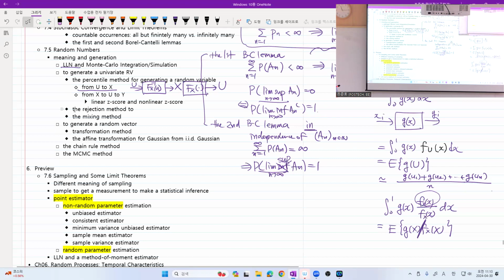Anyway, in addition to the conventional method relying on the percentile function or the CDF, we can also have other methods like the rejection method and the mixing method. You've seen how the rejection method works in the homework, and now you have a better idea. The mixing method is quite obvious, especially if you are a communications engineer.